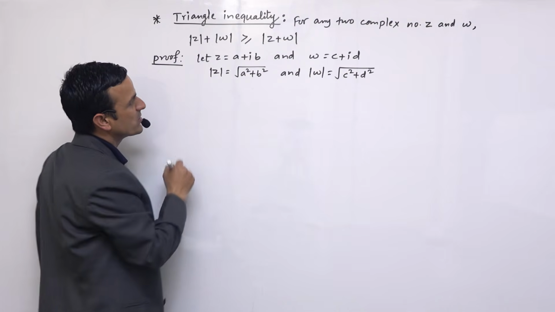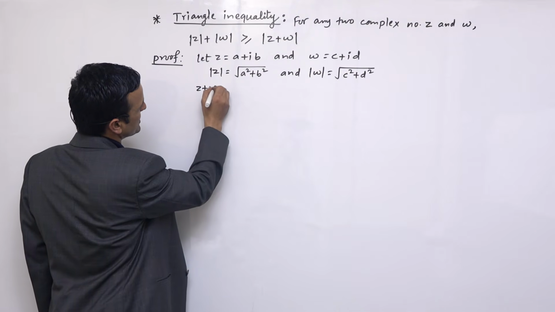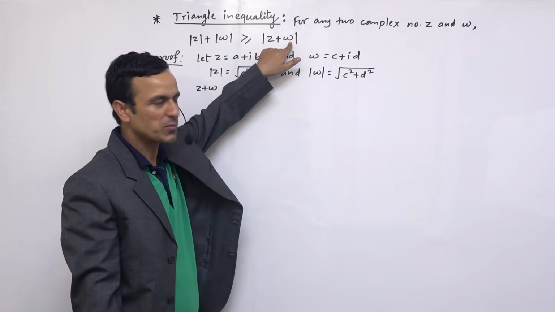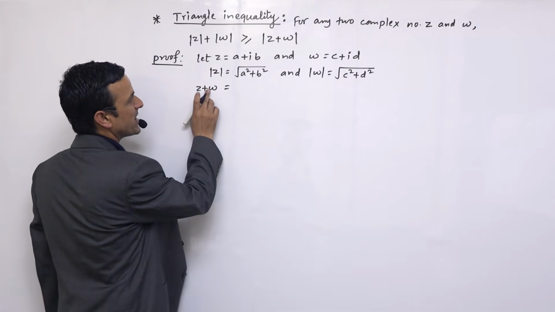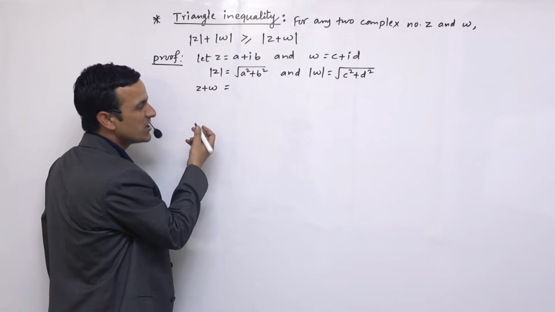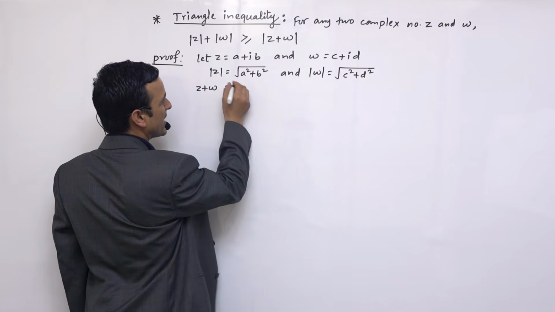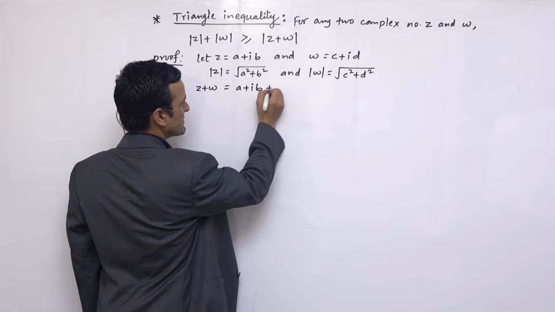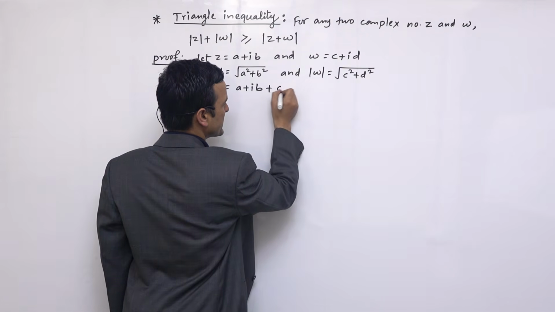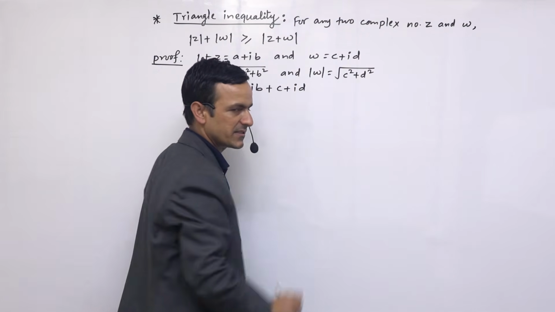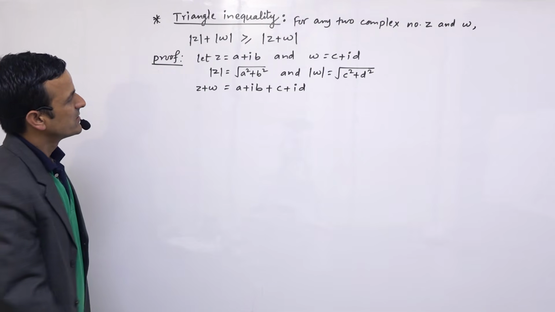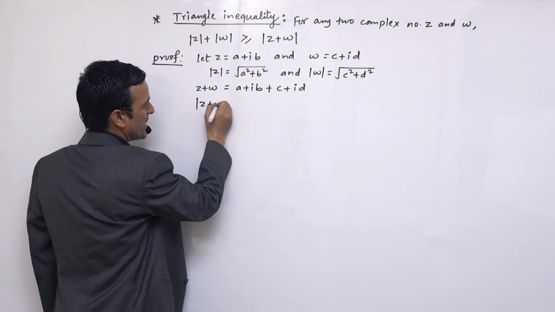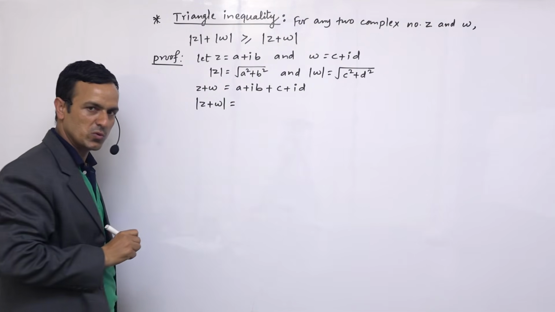Again, we can find the value of z plus w, because in the question we have z plus w. So first of all, find the value of z plus w. Firstly, we put the value of z in this place, and plus w means c + id. The modulus of z plus w is also given, so find the modulus of z plus w.